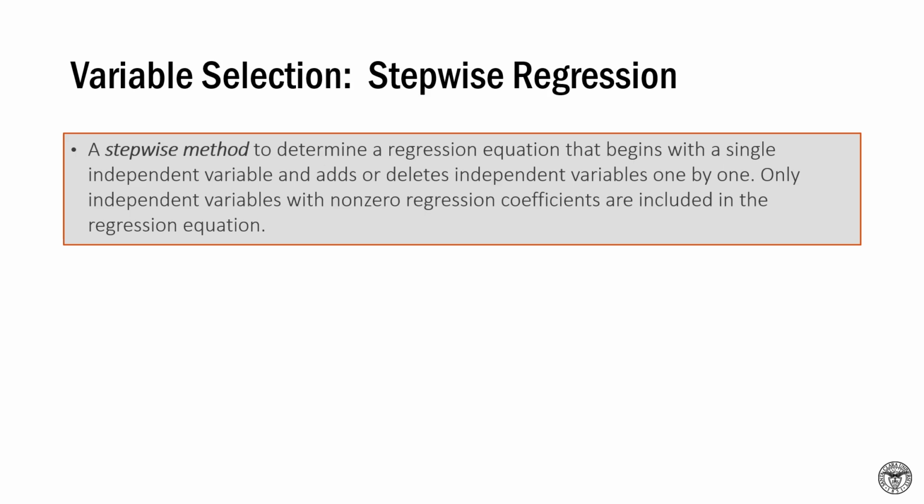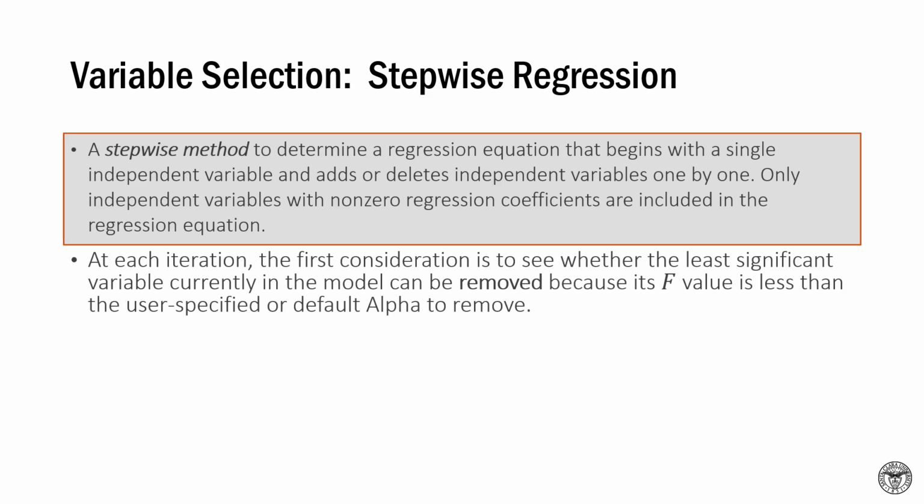This procedure combines forward selection and backward elimination, where variables are added or removed based on their individual contribution to the model's predictive power. Starting with an intercept-only model, variables are added or removed one at a time based on a predetermined significance level. For example, p less than 0.05.